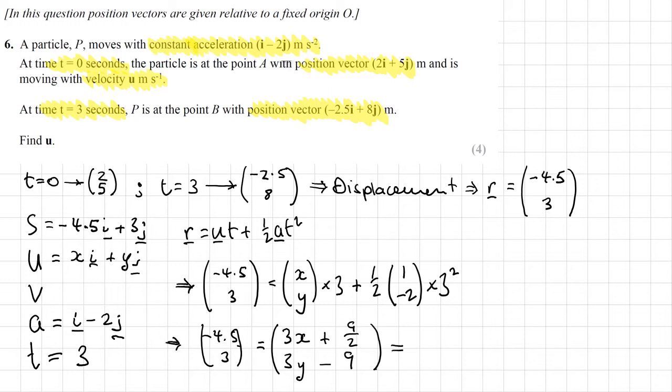So from here I get 2 equations. Negative 4.5 is equal to 3x plus 9 over 2. Okay, so I'll use that to find x.